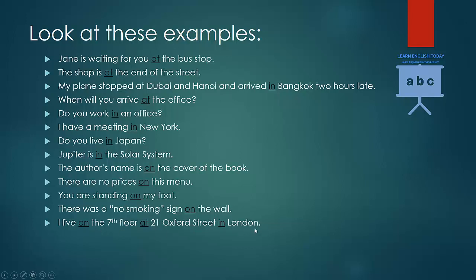Here we used three of these prepositions: on, at, in. The first is for floors or surfaces, the next one is for a point, and the last one is for countries or enclosed areas. So for countries we use in. Good.